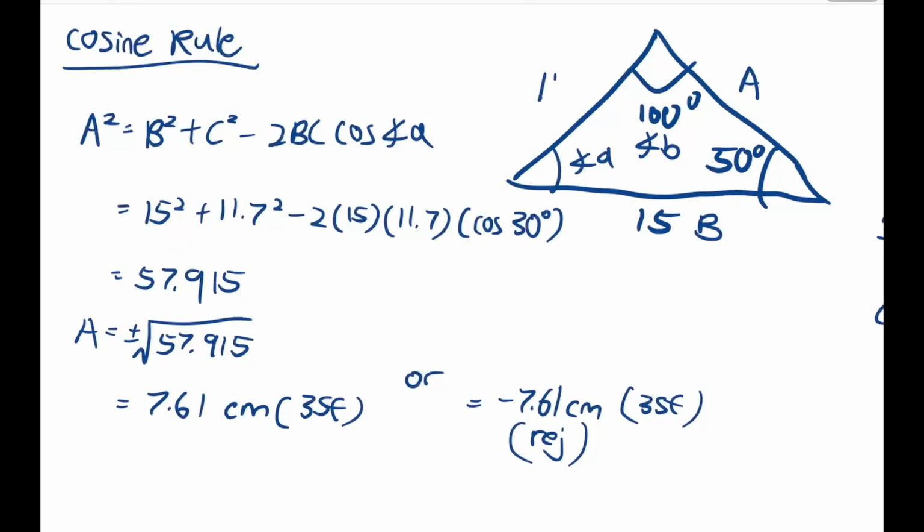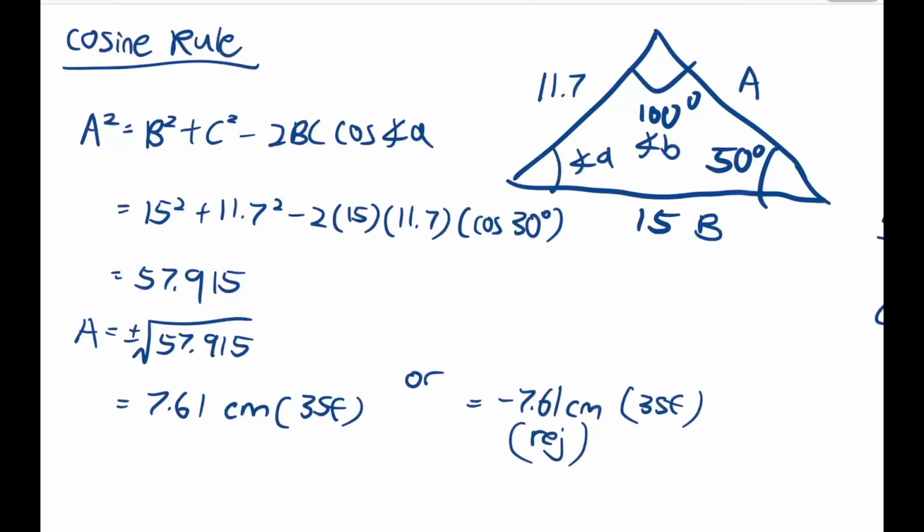Then we've previously found this length to be 11.7, so I'm going to use it for C. So that's C square. And 2BC, so 2BC is 2 times B times C. And then cosine 30. Why cosine 30 is because over here, this is now my angle A. If you take 180 minus 100 minus this 50, you'll get this angle to be 30. So cosine 30.